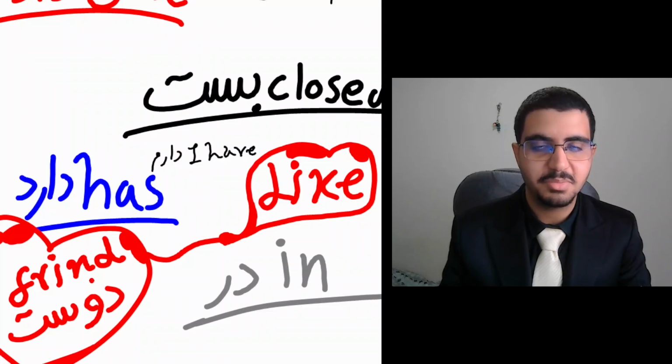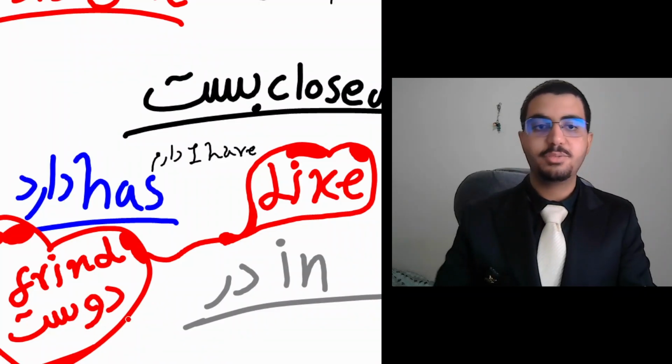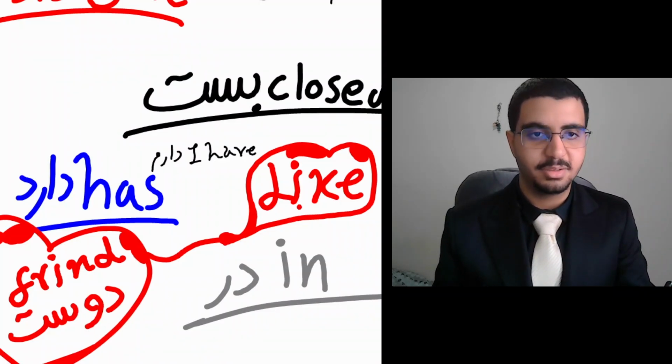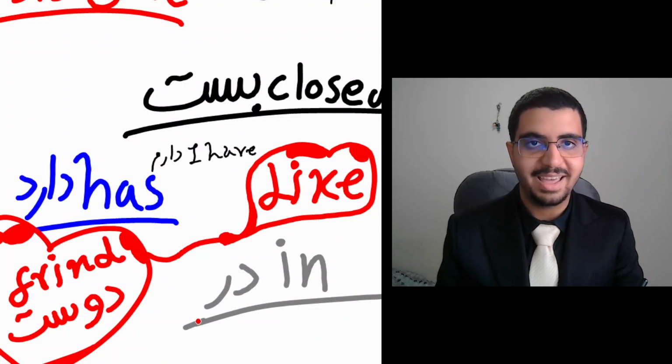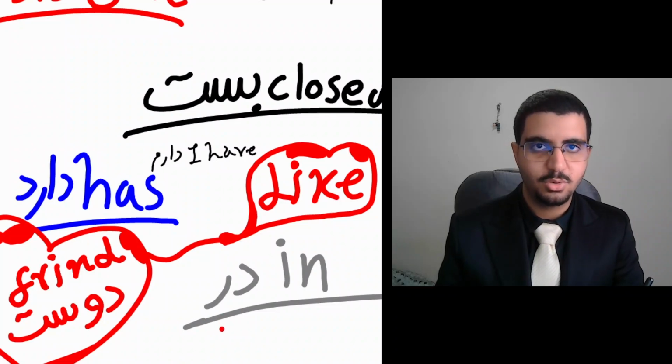Okay, so as a noun it means a friend, and as a verb we use it to say I like something. Now the particle dar. Dar, as you have learned, means in, inside, and also it means door as a noun.